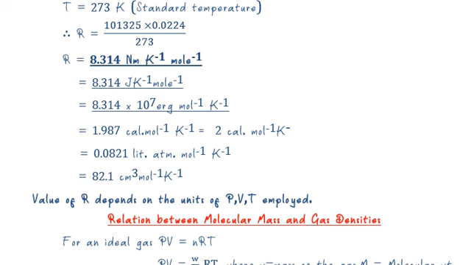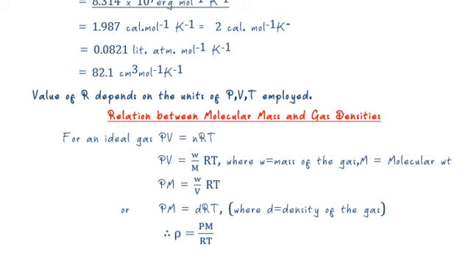Now we will discuss the relationship between molar mass and gas densities. Very important. For an ideal gas, PV is equal to nRT. So PV is equal to W by M into RT, where W is the mass of the gas and M is the molecular weight. So PM is equal to WRT by V. PM is equal to DRT, because W by V is equal to D, the density of the gas.